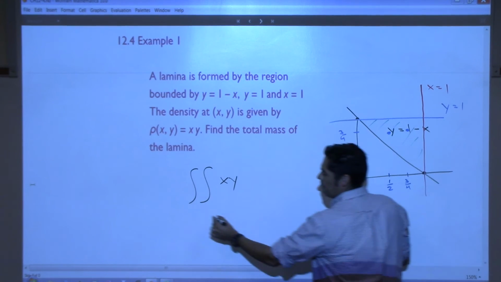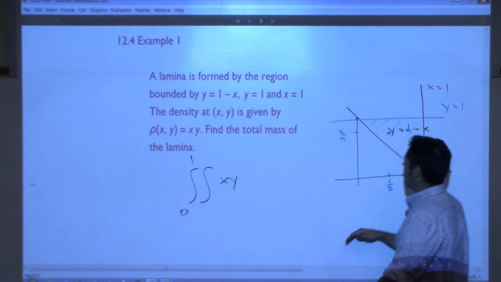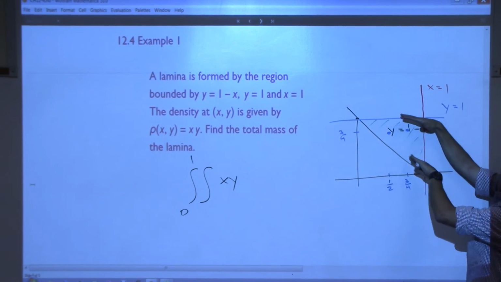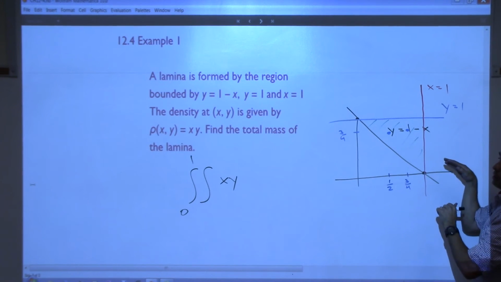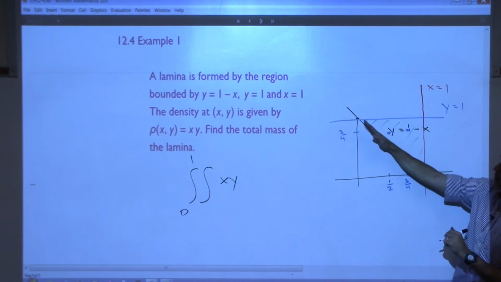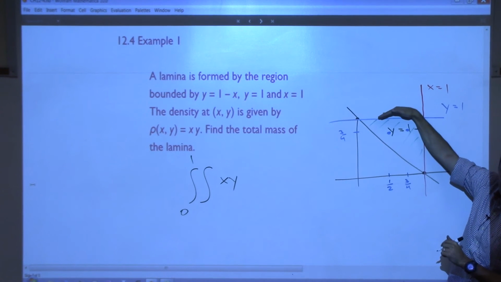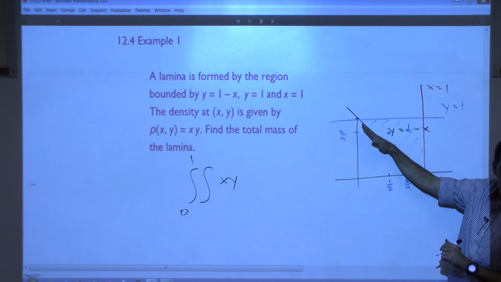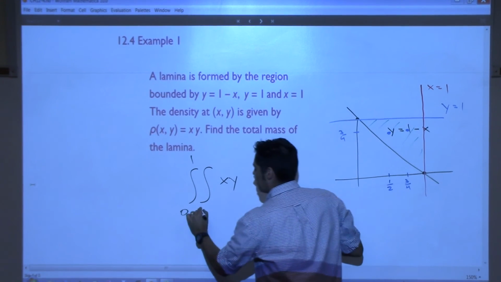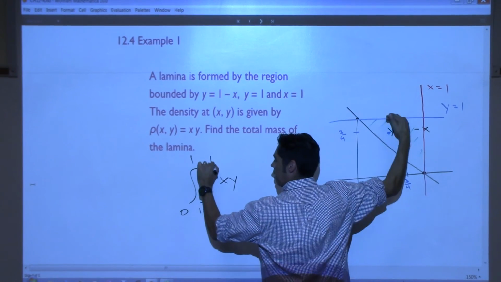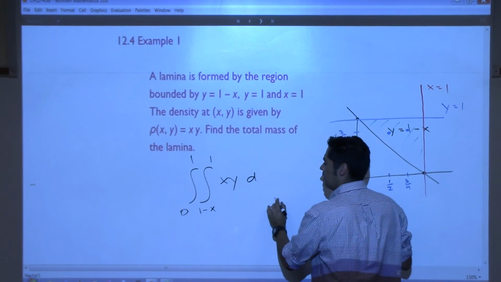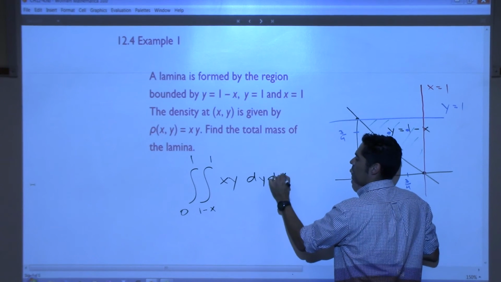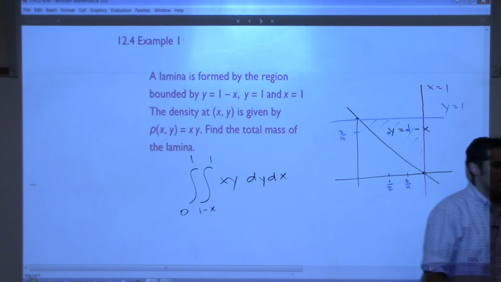My y's are bounded between two functions of x. This one's the bottom one, this one's the top one. So the bottom one is 1 minus x. The top one is 1. dy dx. If you can compute that, you've got the mass of the lamina.